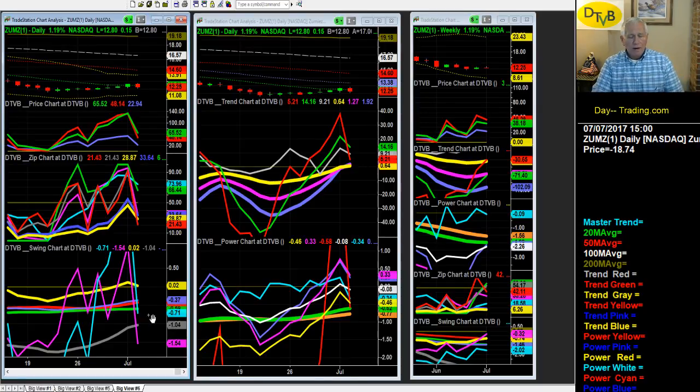But one of the areas that we sometimes forget is the swing gray line. You can use that as a down touch line because it is a slower moving line. It is a deep cycle indicator, and just like the zip yellow and blue, it can be used as a down touching line in our calculation, or in our supporting evidence when we look at what's happening in the situations.